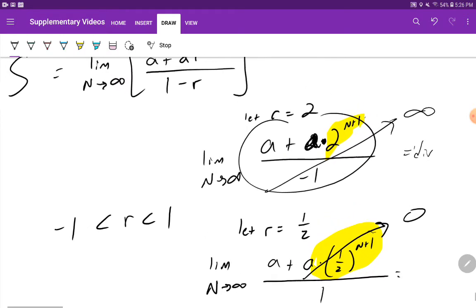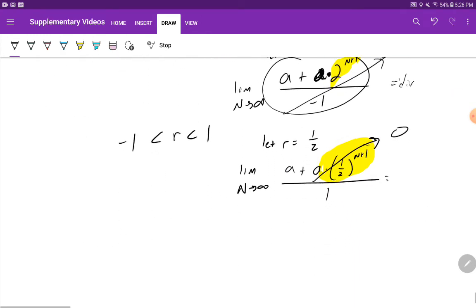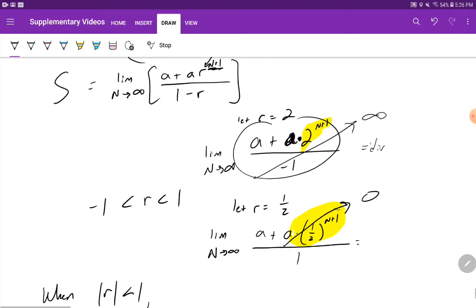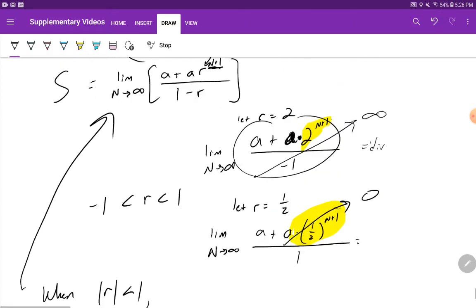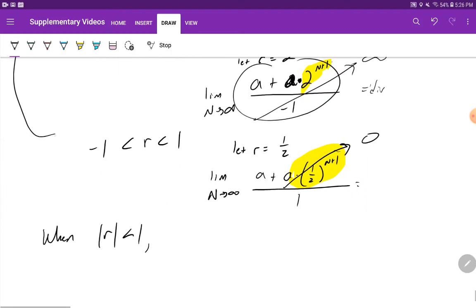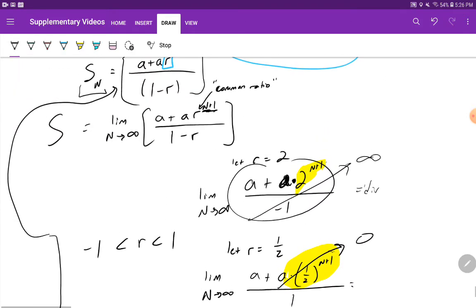So when we are considering the values in between 1 and -1, this thing right here, the thing that we found earlier, right?